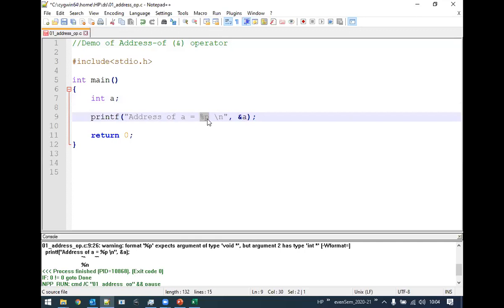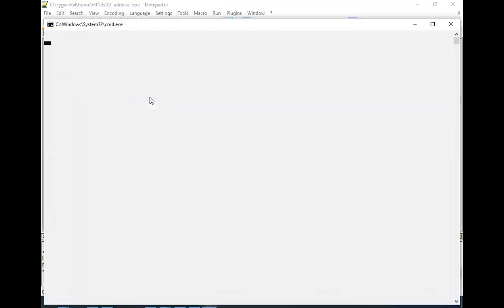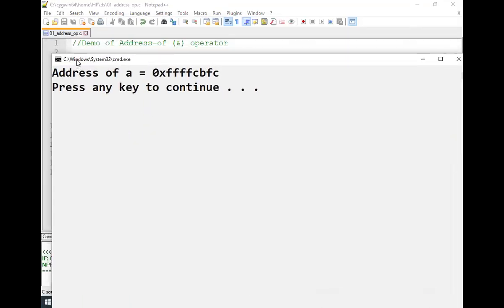Now, as we know, the address of a particular memory location is a hexadecimal number. So once we execute this program, we are going to get an output which consists of a hexadecimal number. How can we identify this as a hexadecimal number?